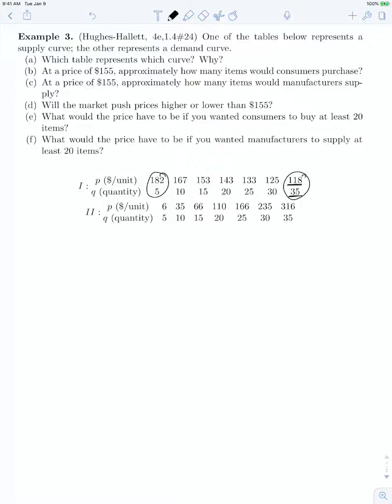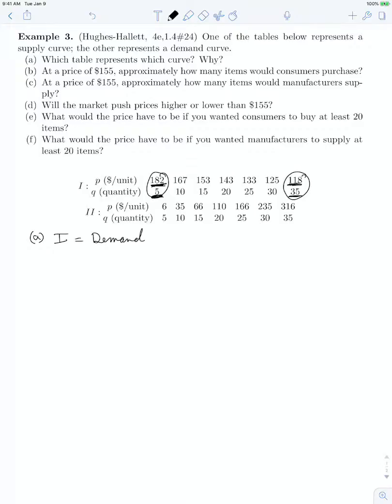So the price is going down as the quantity goes up, and that's the demand curve. So part A, 1 equals demand. And again, if the price is high, the demand is relatively low. Fewer people are buying it.